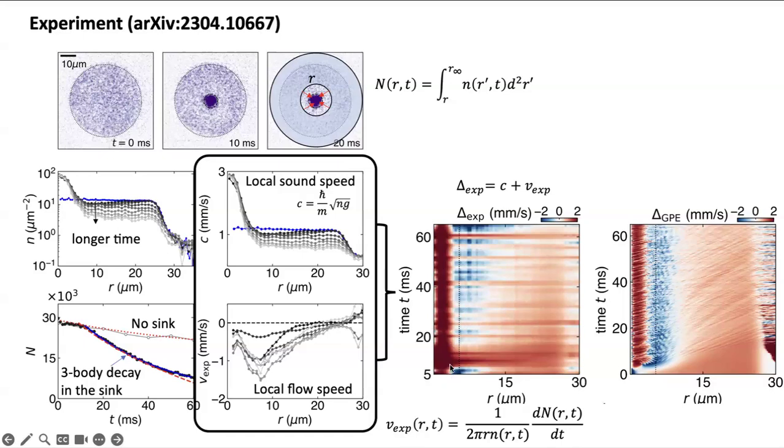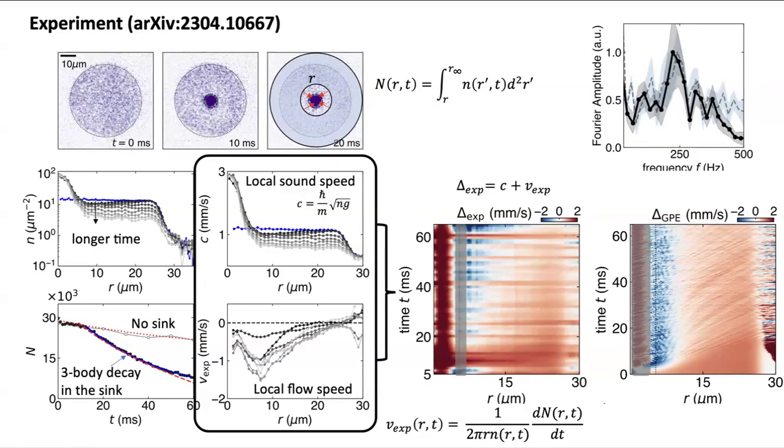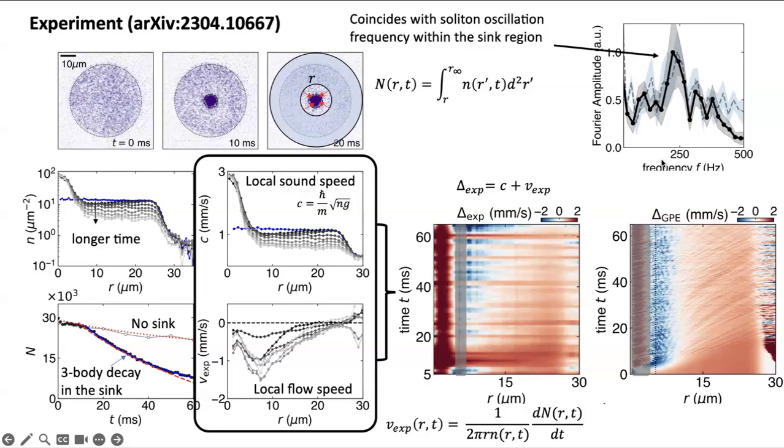And we actually see all these very fast horizontal stripes coming out. At first, it was very easy to just think that this is probably noise. But we took those and did the Fourier transform, and it gave us some frequency peaks that actually correlate to the defect motion seen in the GPE.